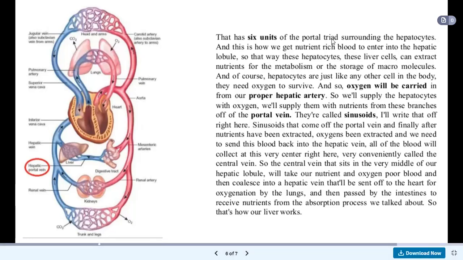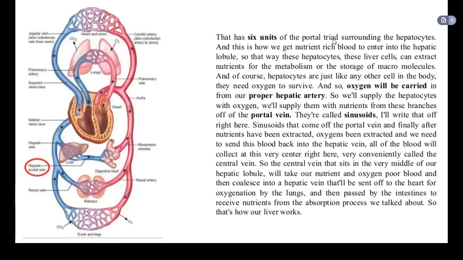The portal triad is bringing nutrients into the hepatocytes. The portal vein is bringing nutrients, the hepatic artery is bringing oxygenated blood, and the bile ducts carry bile.